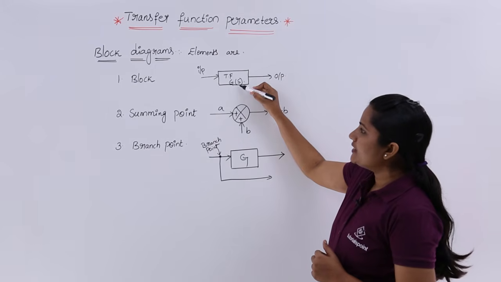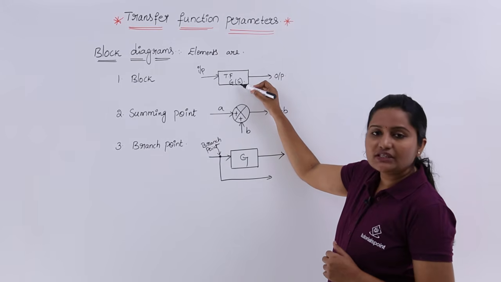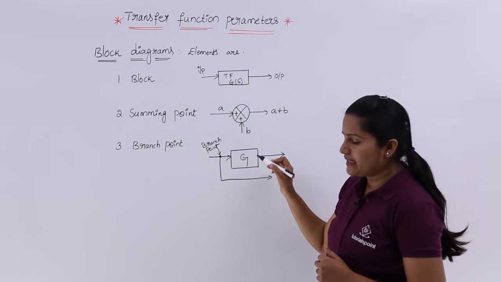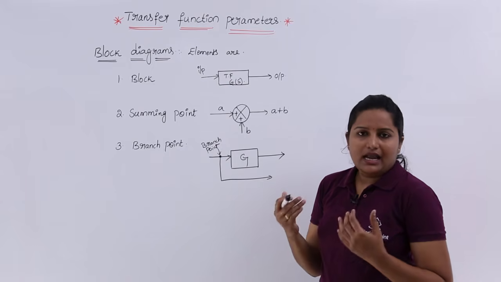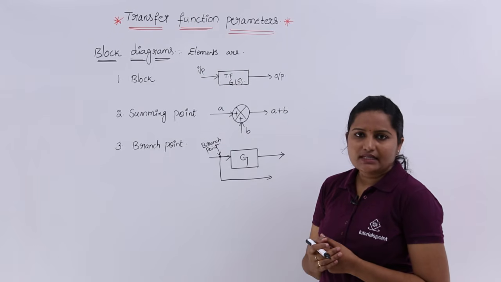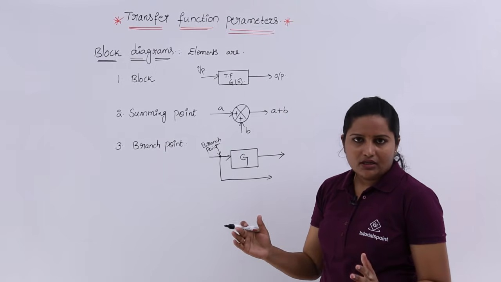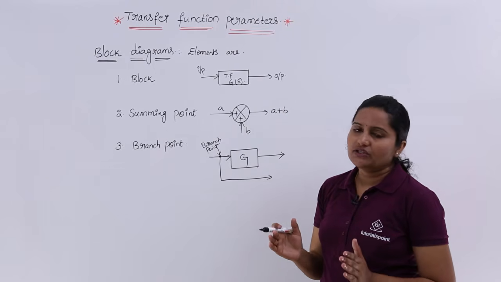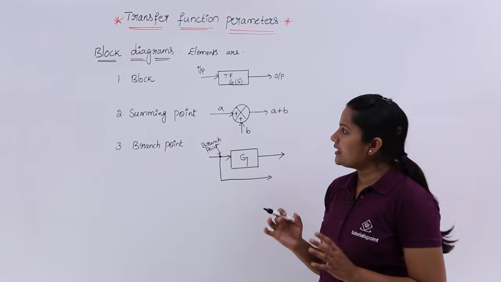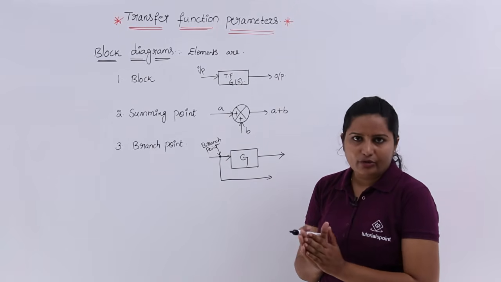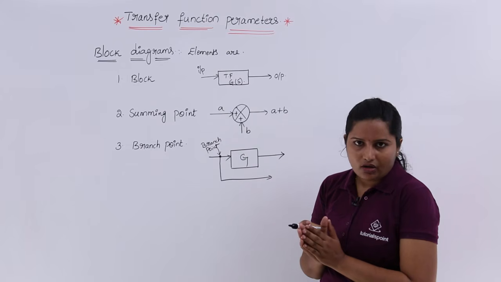Here that transfer function is indicated with G of S. So, this block has a particular gain like G. The Laplace transform we consider is G of S. If you consider the transfer function of that block, I am going to represent it with G of S.